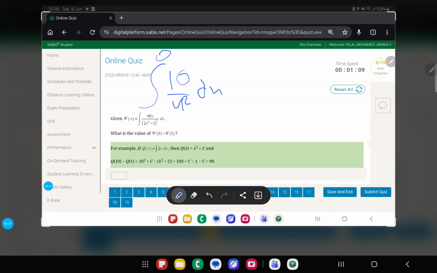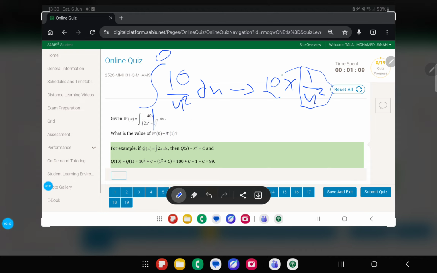You have to do it like this, 0 and 1. Okay? So, like I said, let's integrate. Now, you got 10 over u squared. To integrate, you know the rule. You always remove the constant, alright? You have to separate it from the variable, which is 1 over u squared. We multiply the constant later on.